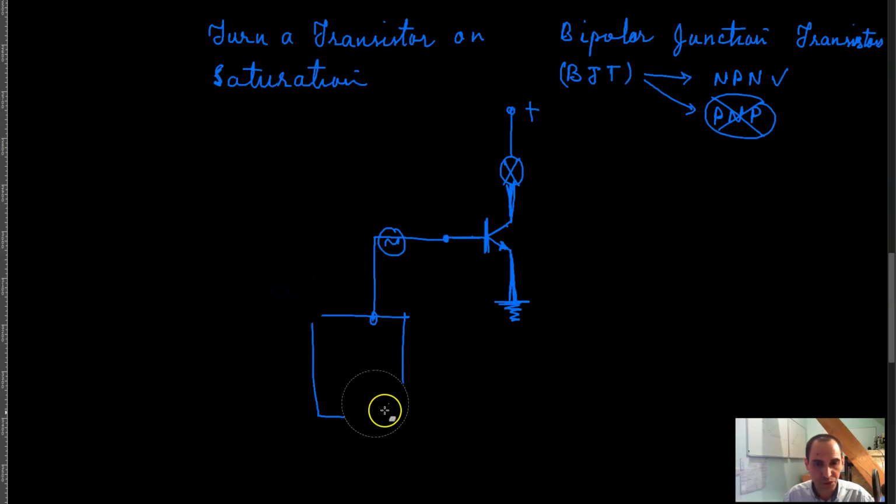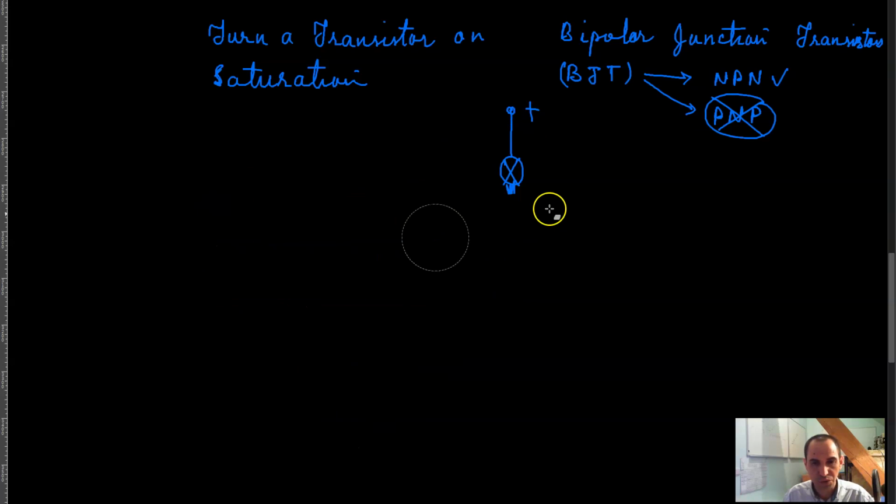So you connect your transistor this way. There is usually a resistor over here which we call R of B, for example, because this is the resistor connected to your base.